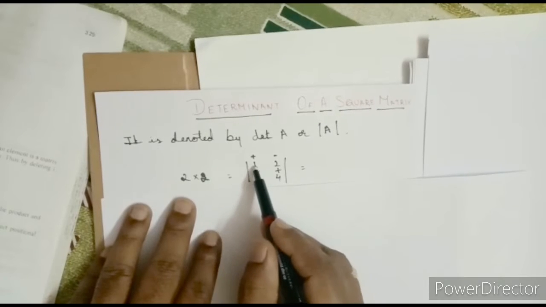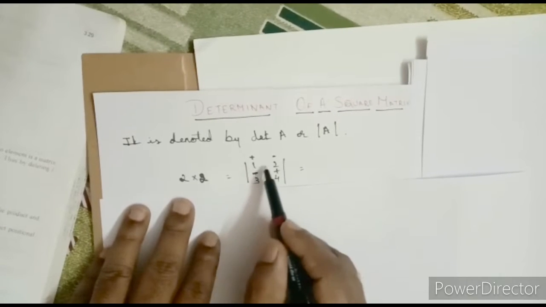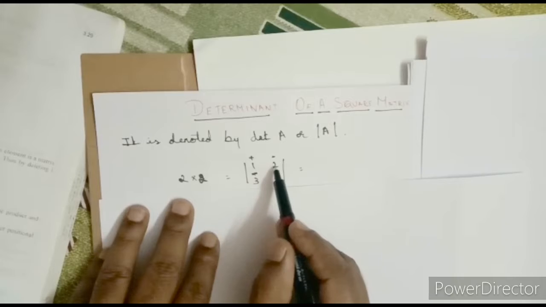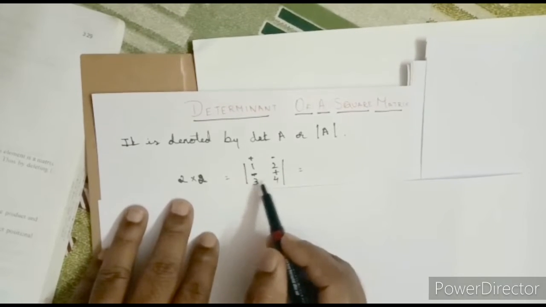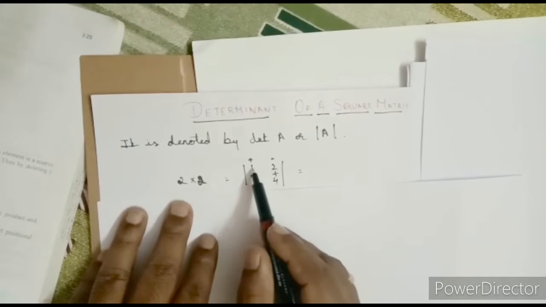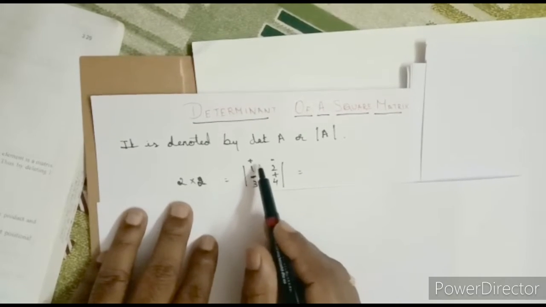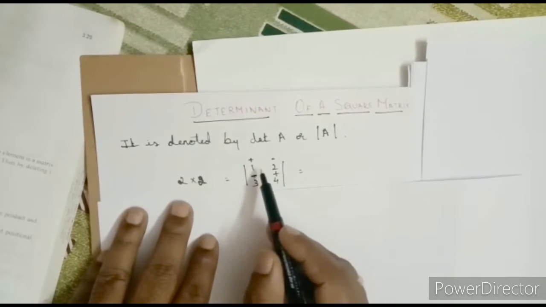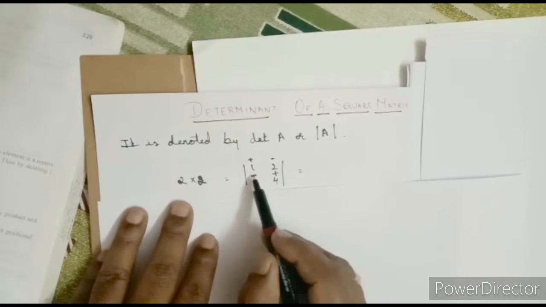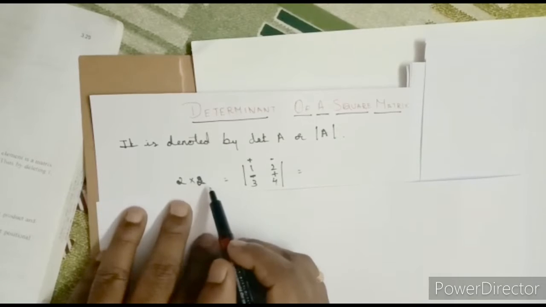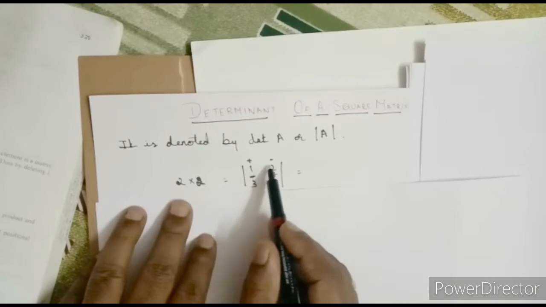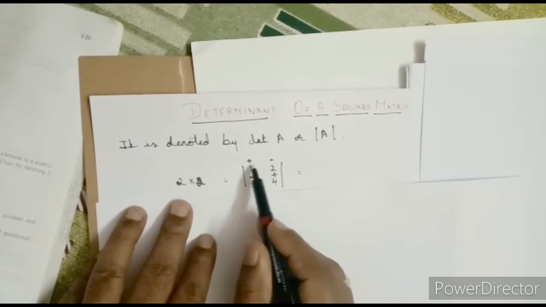Rows in the sense that horizontal line. Here, 1 and 2 is one row and 3 and 4 is another row. So therefore there are two rows. And when it comes to columns means the vertical lines, that is 1, 3, 2 and 4. In case of two rows and two columns, this is a square.